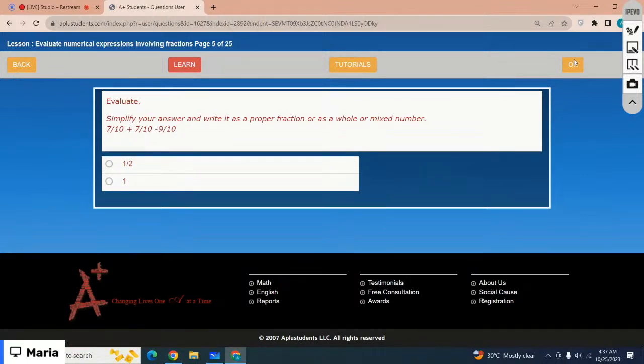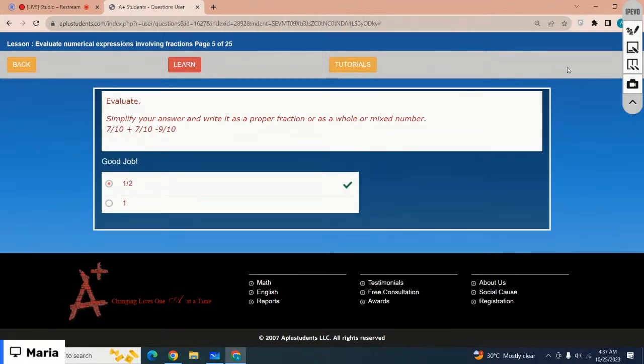Okay, the next one is 7 by 10 plus 7 by 10 minus 9 over 10. So which is the correct option? Yes, very good. That would be 1 over 2. The correct option is 1 over 2.